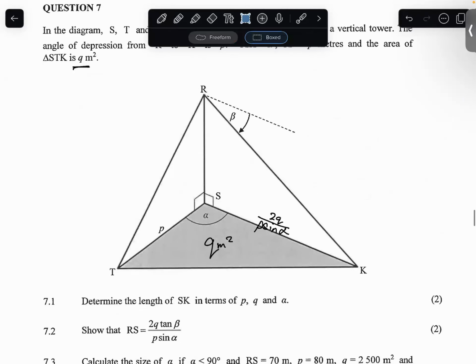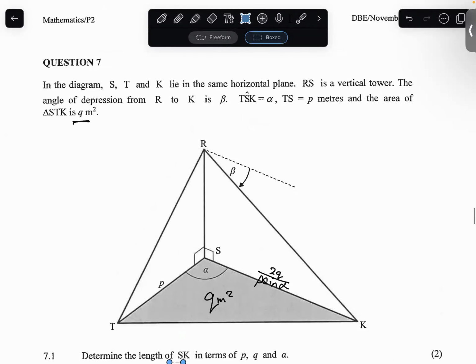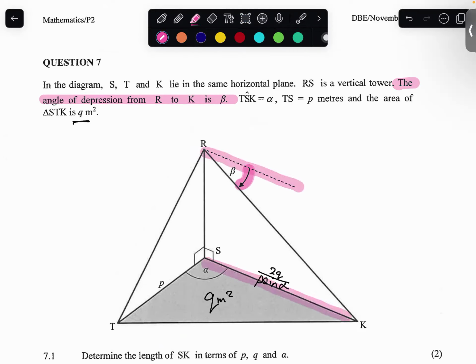Show that RS is this whole drama. Okay. First of all, they told me that the angle of depression from R to K is beta. So this is the angle of depression, which means that this line and this line are parallel. An angle of depression comes from a horizontal, and this is a horizontal on the ground.